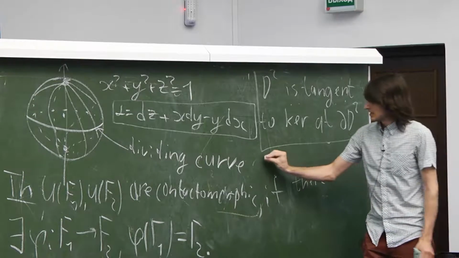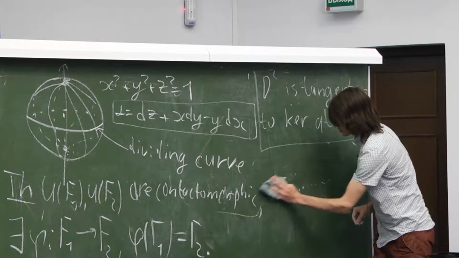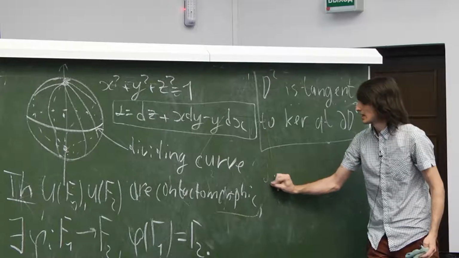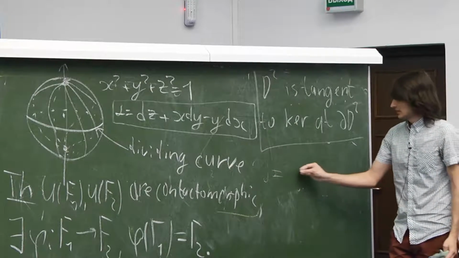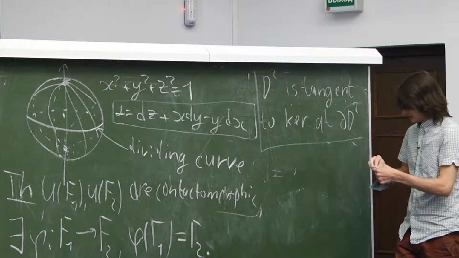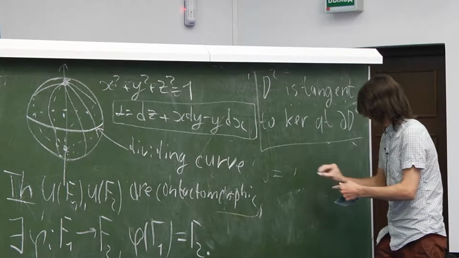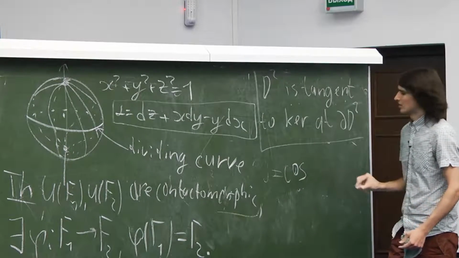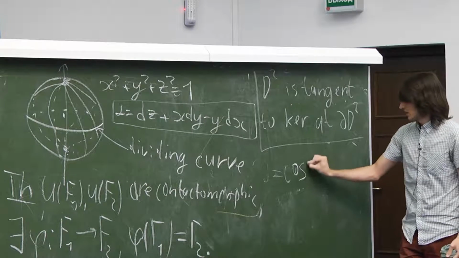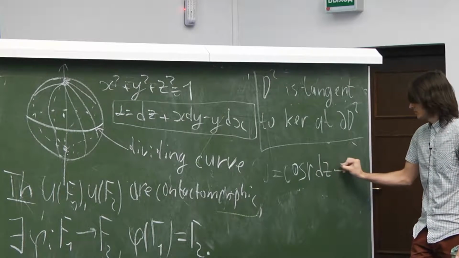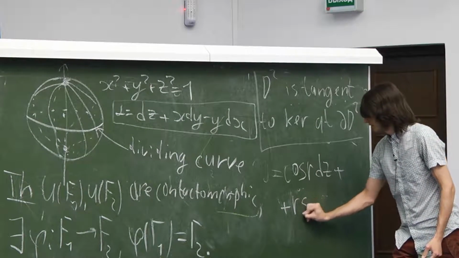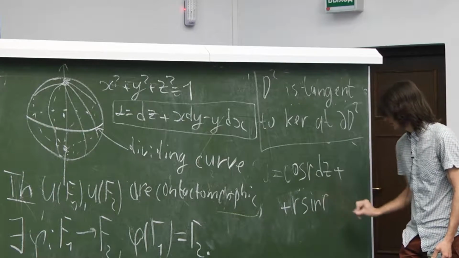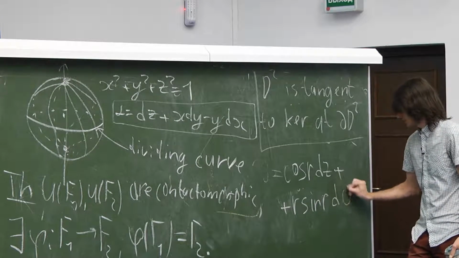But if you take another contact structure, cosinus R dz plus R sinus R d theta.